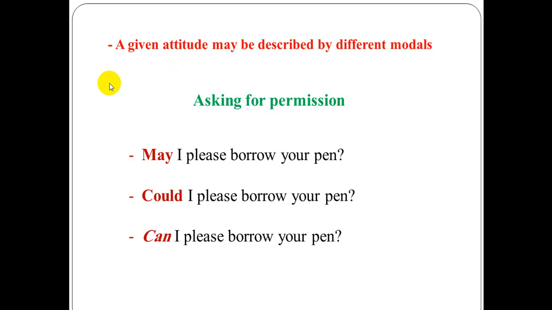For example, if you want to ask for permission we can use may, could or can: "May I please borrow your pen." You see we have these forms to ask for permission. I can use may I, could I, can I.